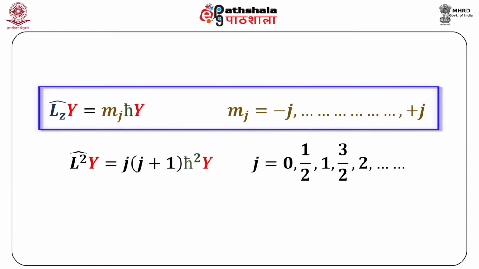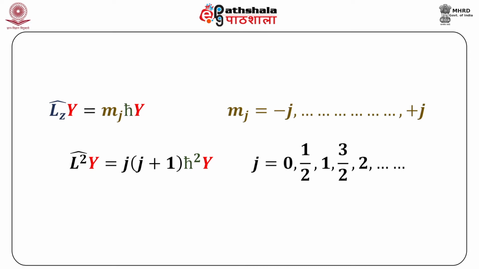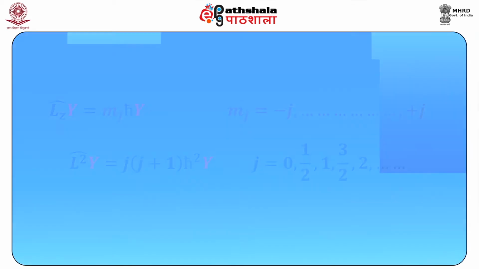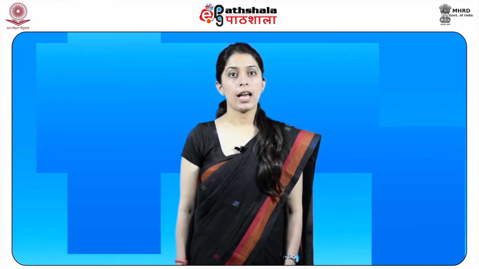So, a total of 2j plus 1 eigenstates are possible. And similarly, the equation for L square is L square psi equals j(j plus 1) h cross square psi, where j can take up values 0, 1/2, 1, 3/2, 2 and so on. The above eigenvalue equations prove that the angular momentum is quantized.